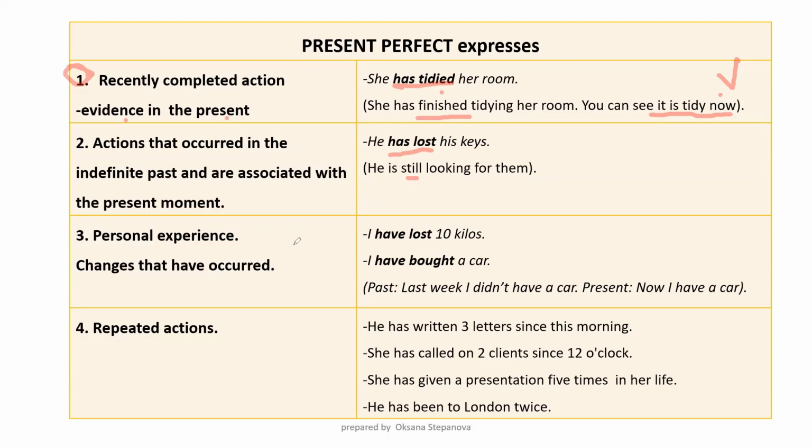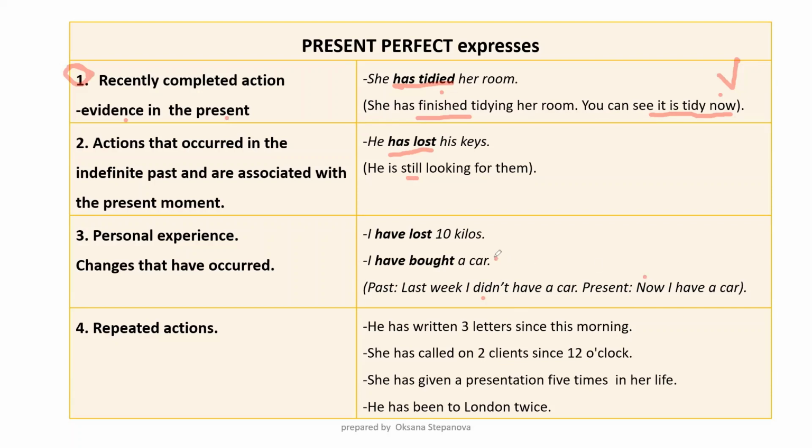Number 3 is a bit different. We use present perfect when we talk about some personal changes that have occurred. I have lost 10 kilos. I have bought a car. With the car, it's like last week I didn't have a car, and now I have a car. So something happened in the unspecified past, and now I have the evidence.